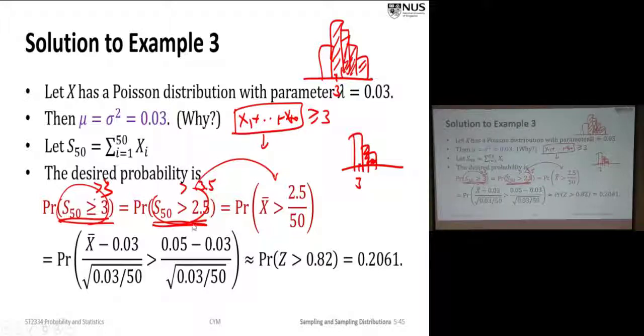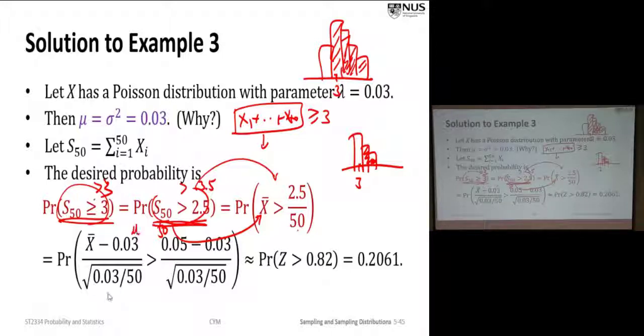All right? So after that, I divide by 50. Divide this by 50, so it becomes x bar. So I have to divide the right-hand side of the inequality also by 50. All right? Then, at this point, I further subtract the mean, mu, and divide by the square root of sigma square over n.